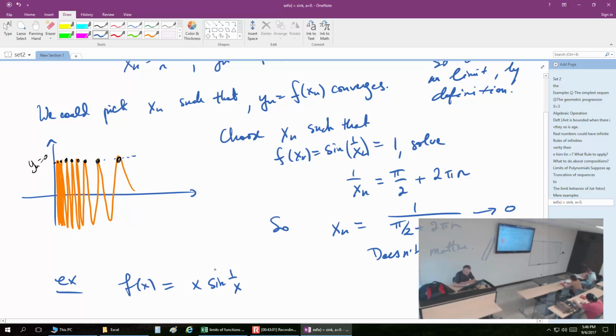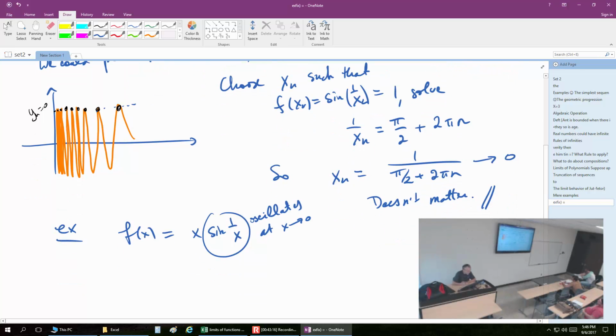So sine 1 over x still oscillates as x approaches 0. But what's the role of x here? X approaches 0. So we multiply our oscillations by x, which approaches 0. So what does the graph look like?